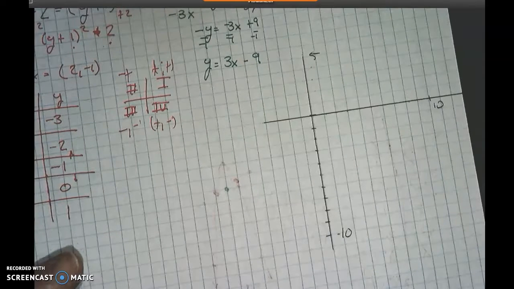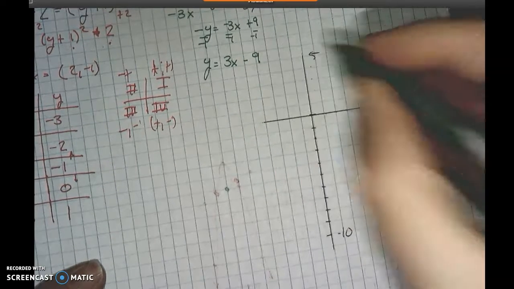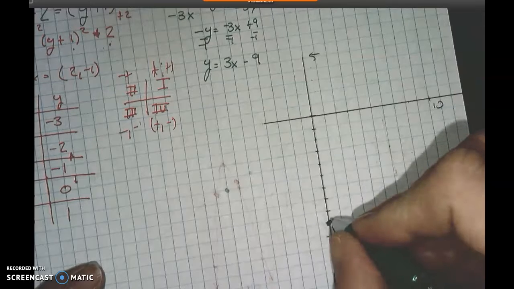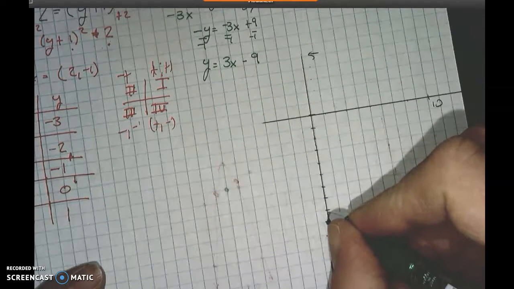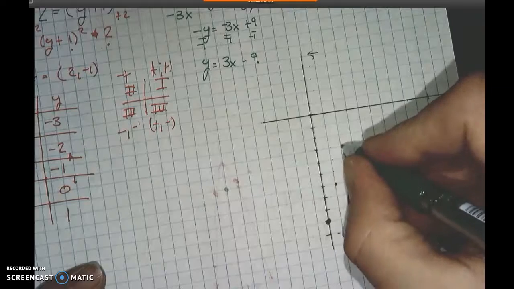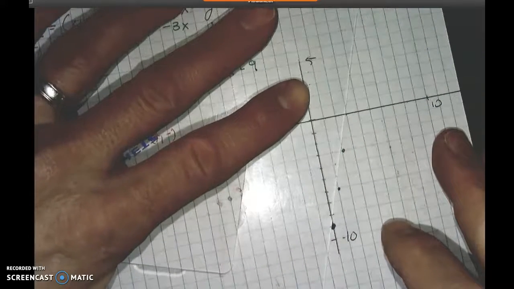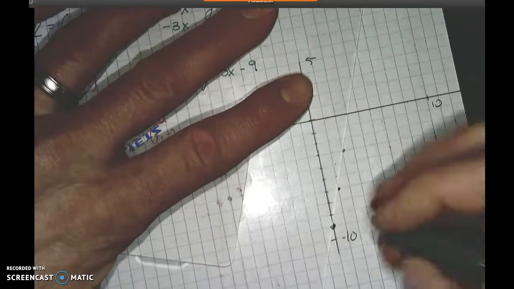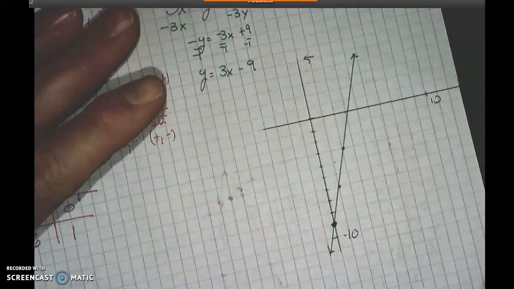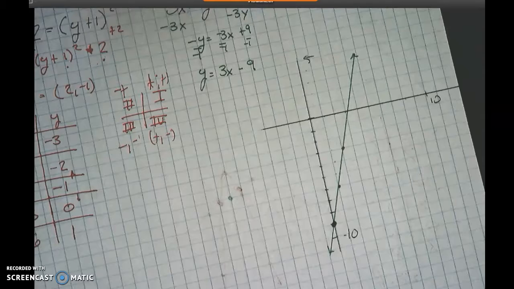Okay, so first thing I'm going to do, I'm going to graph my linear line. I know at the negative 9, it's a positive slope, so I'm going to go up 3, 1, 2, 3, right 1, right 1, and then I'm just going to connect those 3 points. Okay, and I'm going to come to my vertex.